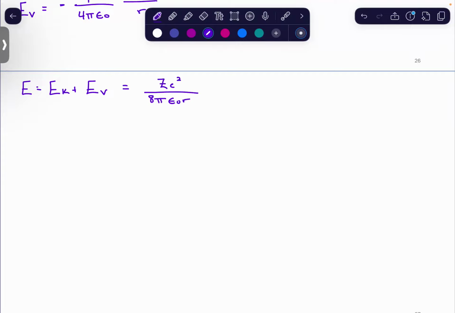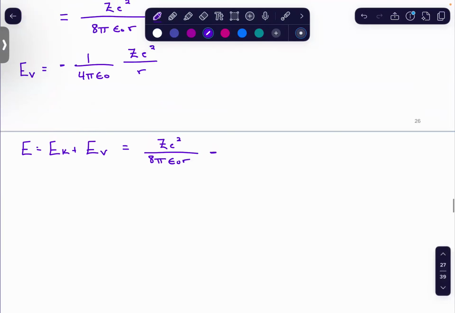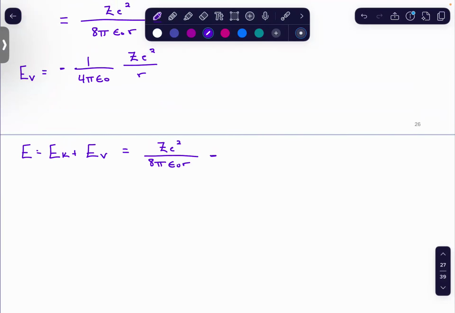So we're adding the potential energy, but since it's a negative, we'll put the negative sign in, and that's going to be Z e squared over 4 pi epsilon 0 r.